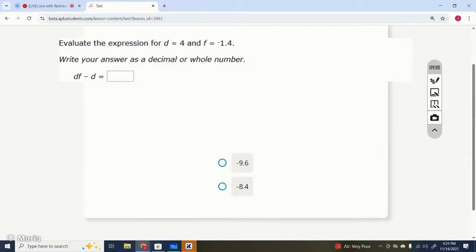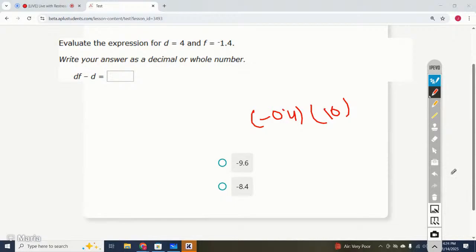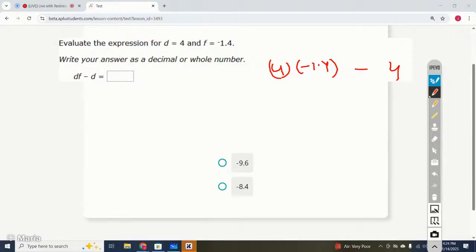Okay, df minus d. Let's just replace the values. D is 4 times negative 1.4 minus d is 4. So that is negative 1.4 times 4 is, that is 5.6 minus 4. So that equals negative 9.6. The correct option is negative 9.6.